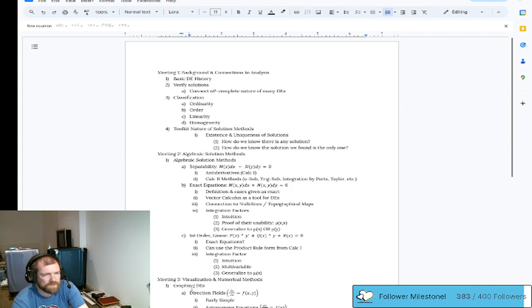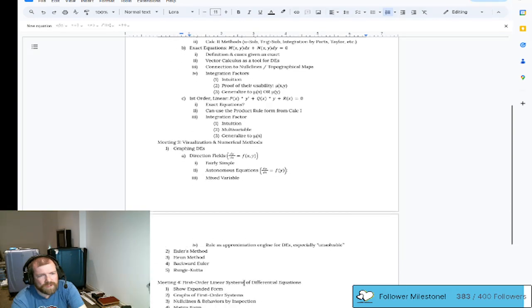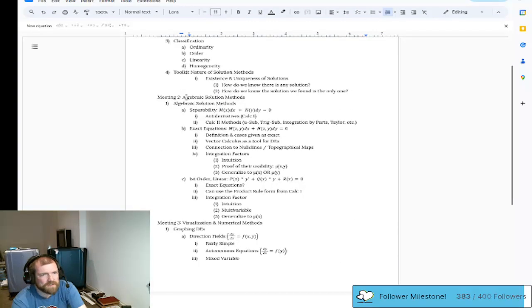So how do you graph differential equations? And then they'll come back to doing the numerical methods at the end of the algebraic solution methods.